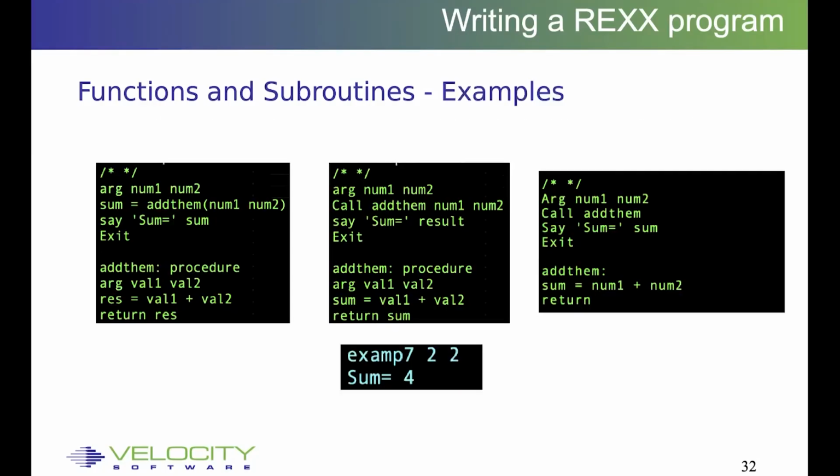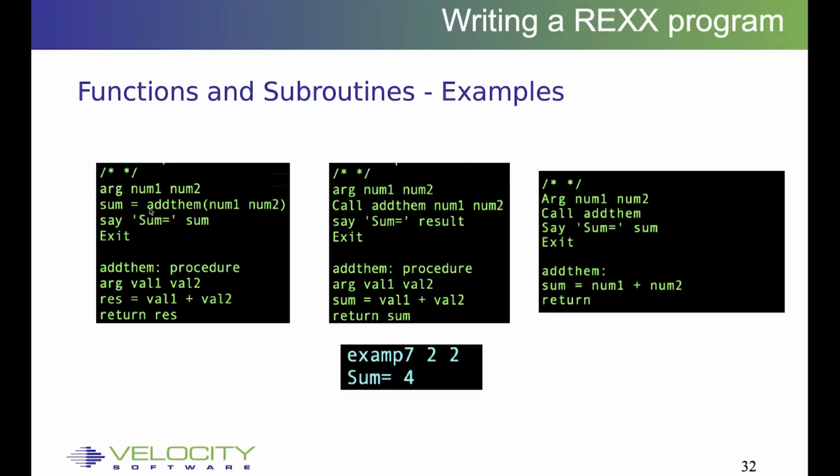Here are some examples. On the left-hand side, we are collecting arguments from the command line, in this case, num1 and num2. In the next statement, we are calling a function called add them and passing those arguments, num1 and num2, as parameters to the function.